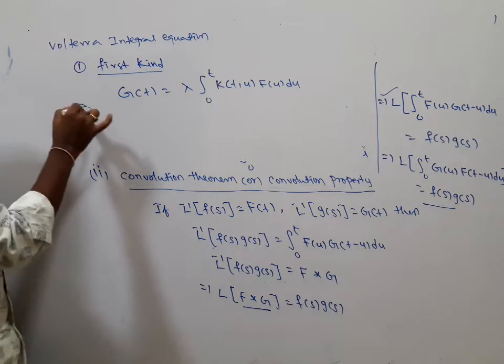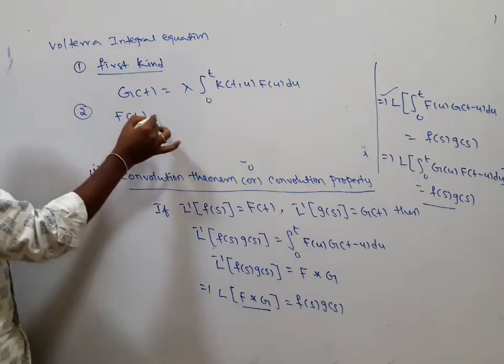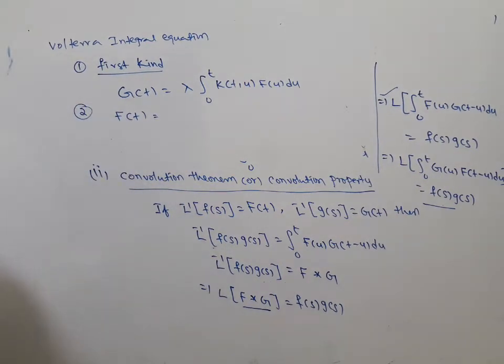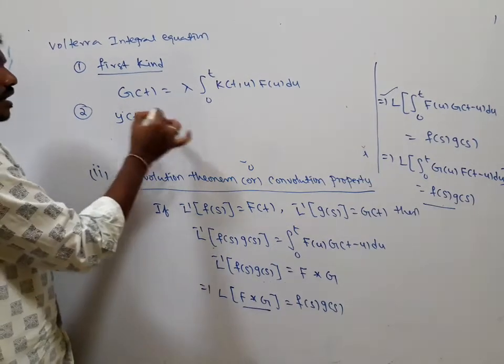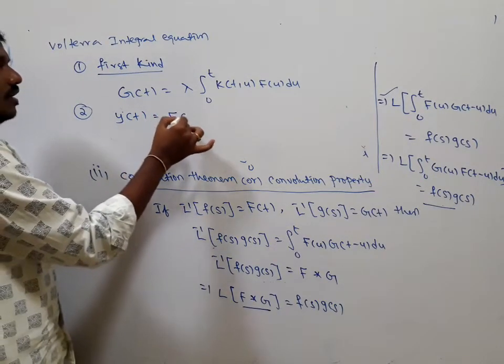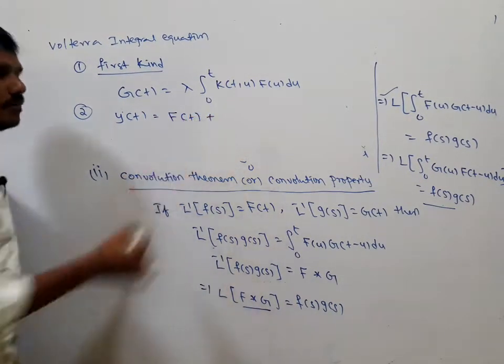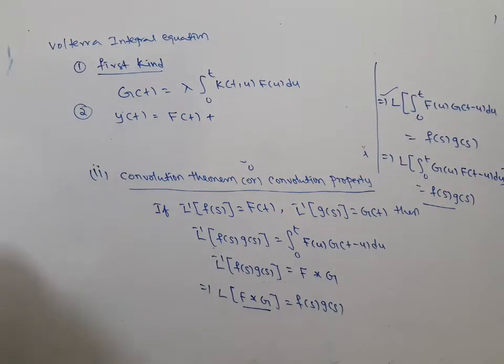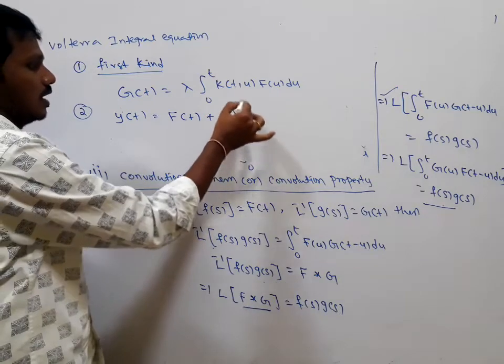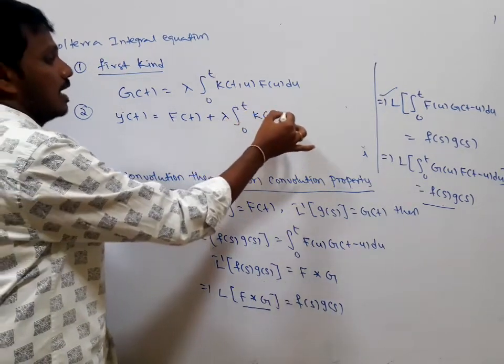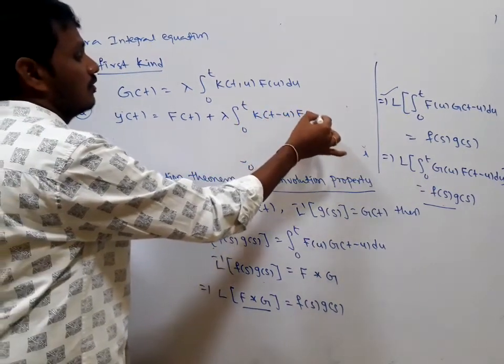Next, if we have the equation like this, y of t is equal to another function f of t plus lambda times the integral from 0 to t of k of t minus u into f of u du.